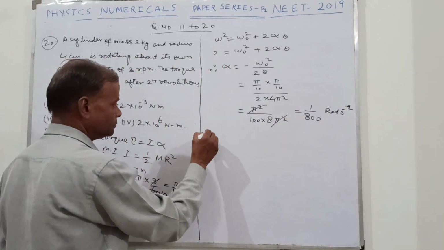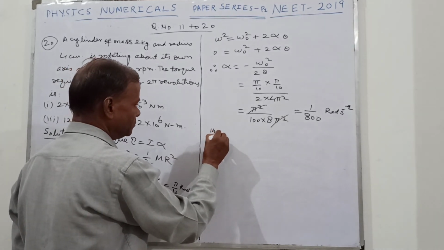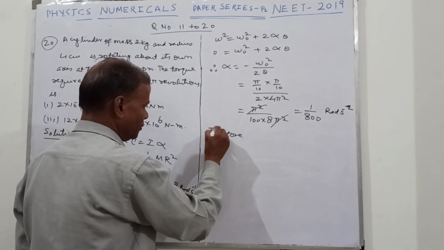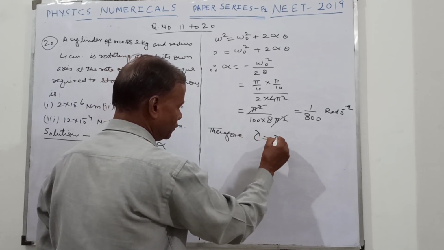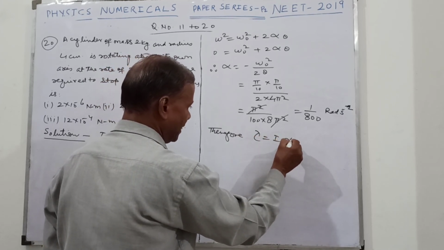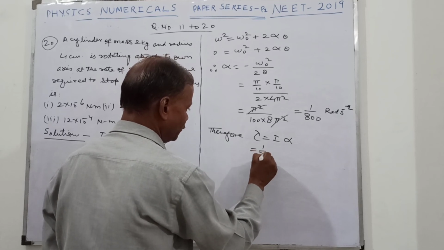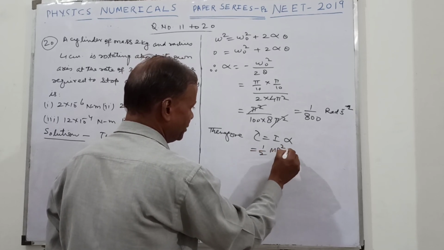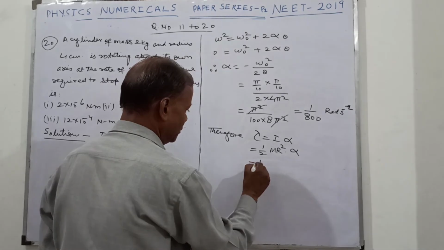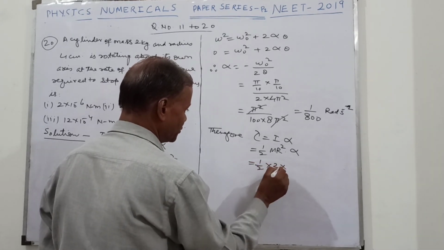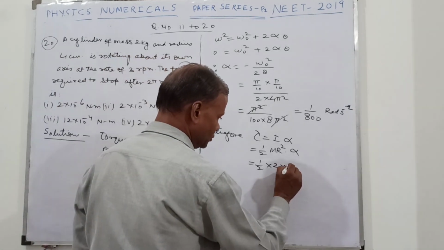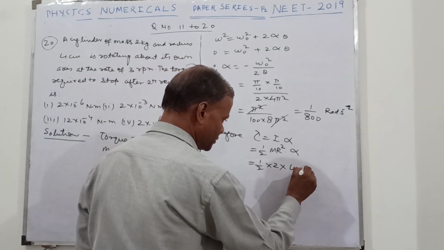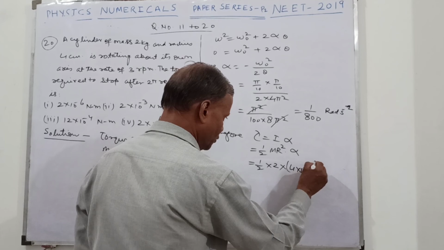Therefore, torque equal to I into alpha. I is 1 by 2 mr square into alpha. 1 by 2, this is mass 2 kg and radius is given 4 centimeter. So this is now 4 into 10 raised to the power minus 2 whole square.